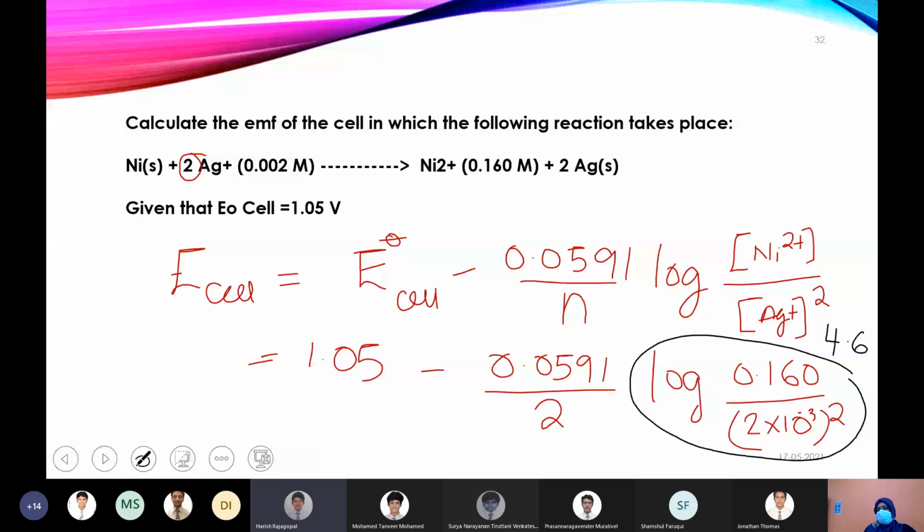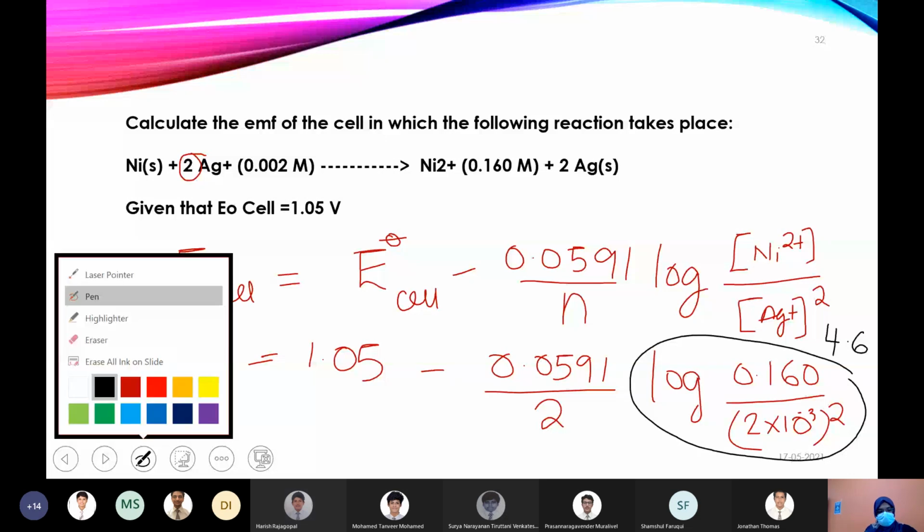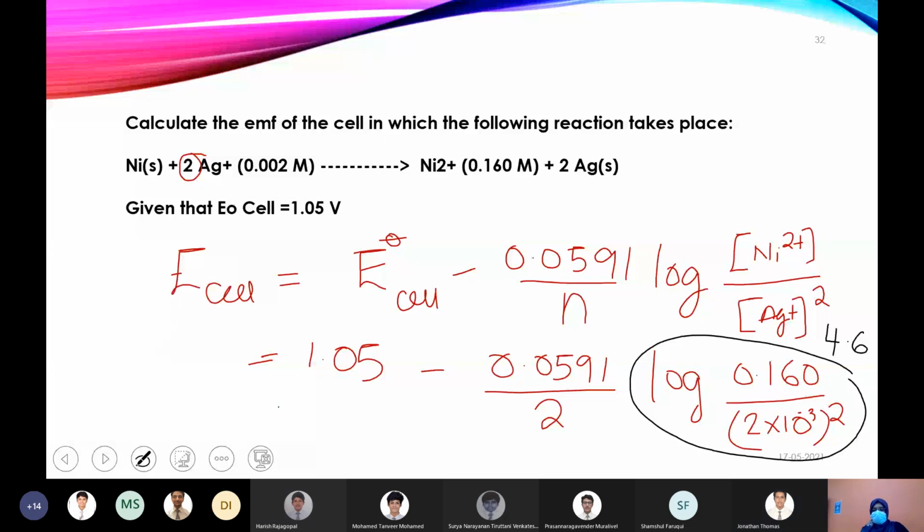You got 2.4, yes ma'am? They're saying that they got 2.4 instead of 4.6. They got 2.4 because they didn't calculate. So this is correct, I got 4.6. Check again.